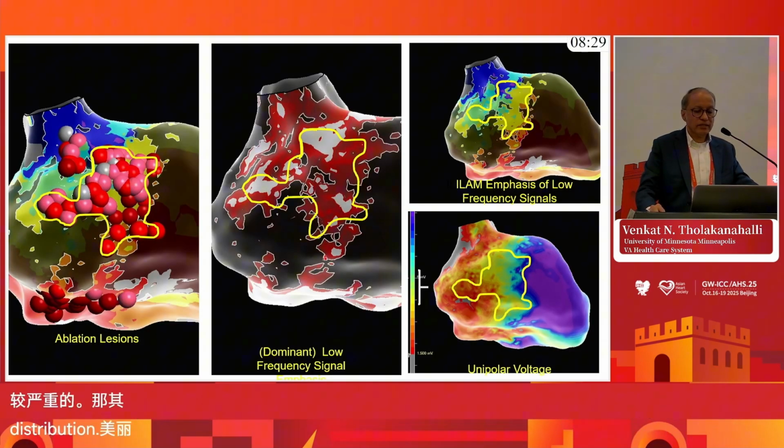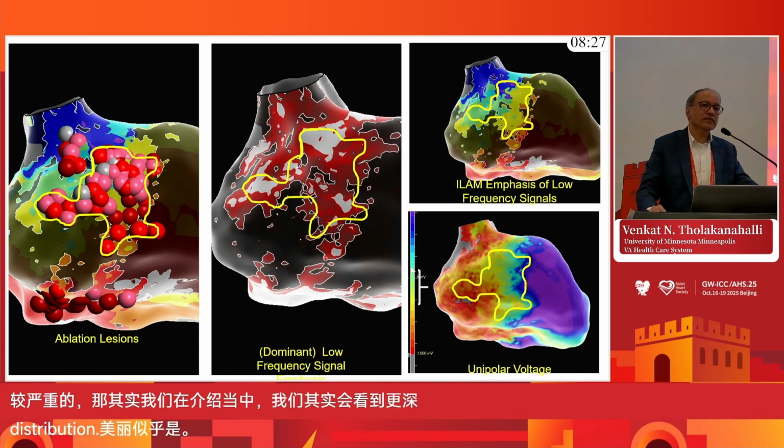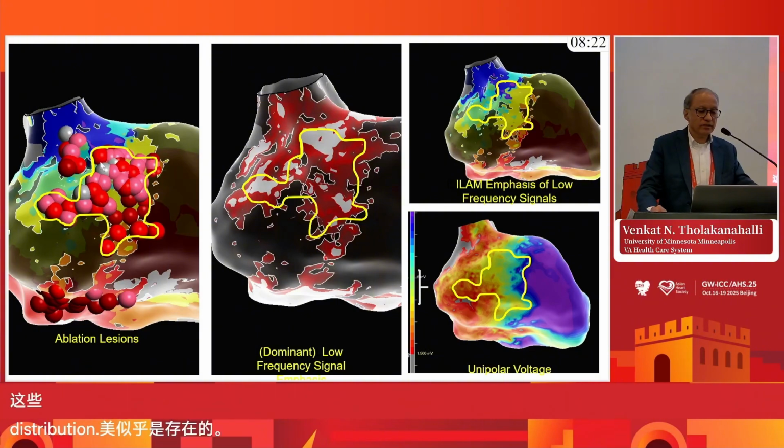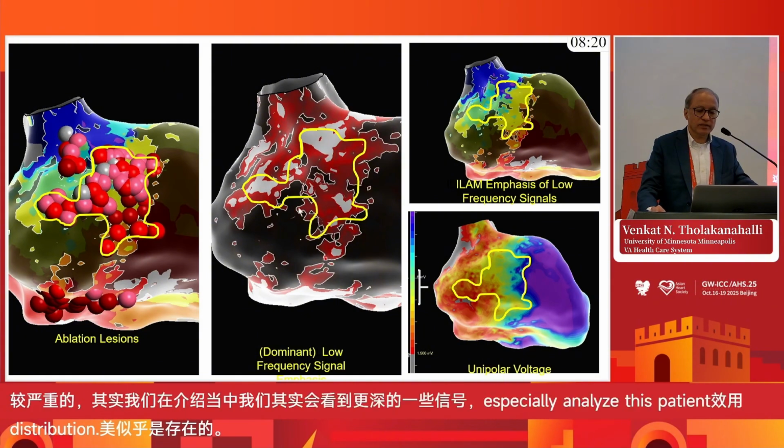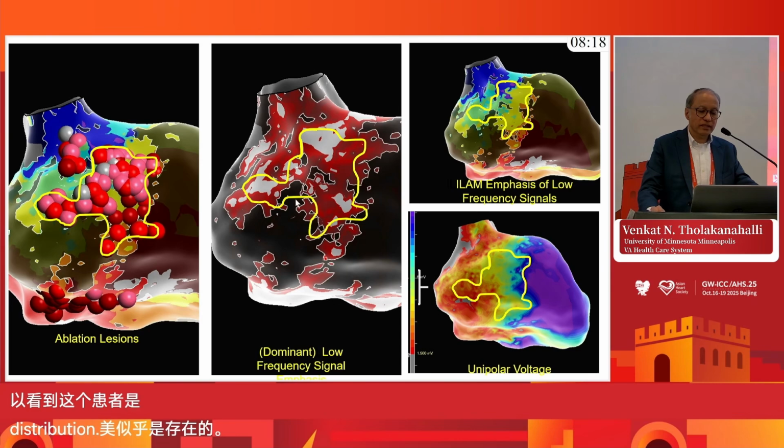So we retrospectively analyzed these patients who have had successful outcomes using the bipolar ablation. In this case, you can see on the left side, the ablation lesions are present in this region. And if you use the dominant or the low frequency signal, it falls into the same area of interest.